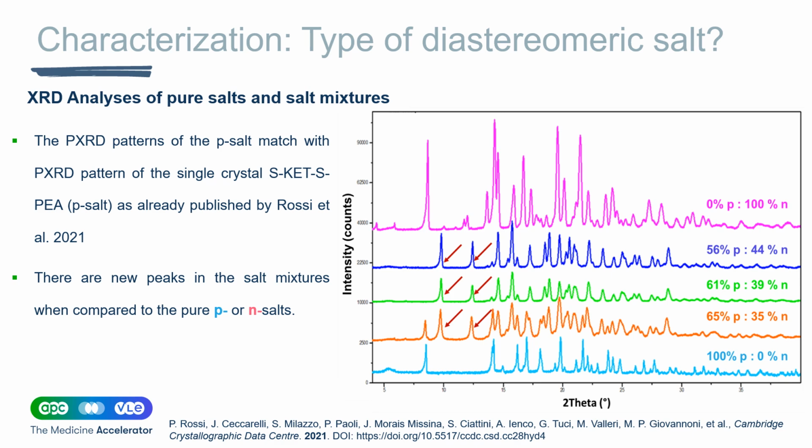The presence of these additional peaks indicates the formation of a double salt or mixed salt system, rather than a simple eutectic mixture. These results provide solid-state evidence supporting the formation of a new crystalline phase in the salt mixture, highlighting the complex nature of the crystallization process.